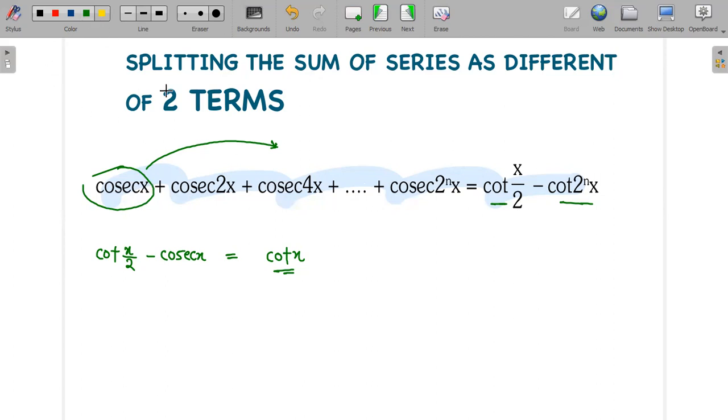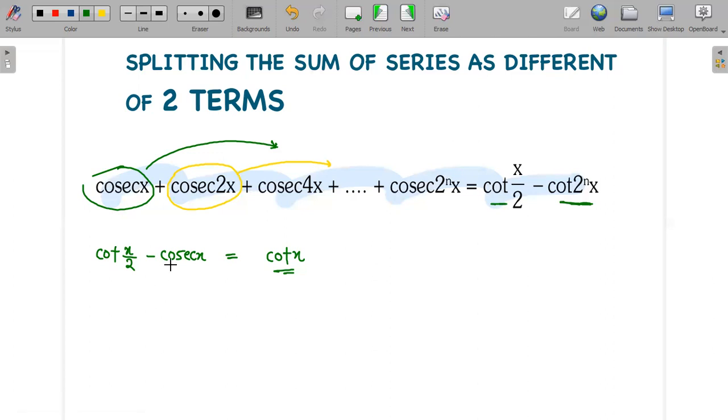Now let us check whether this pattern will remain the same or change from the next term. Right now I'll be shifting cosec 2x to the right hand side of this expression. Again, I'm ignoring cot 2 to the power n x for a moment.